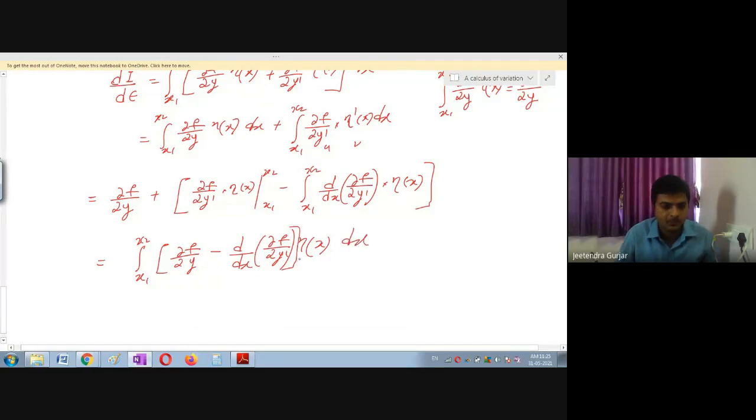So ν of x will be constant. So integration will take a lot of time. So therefore you please remember this step.